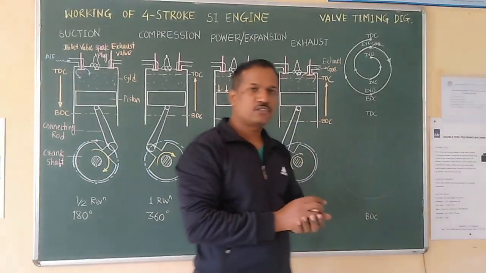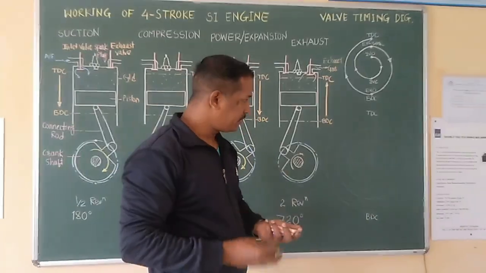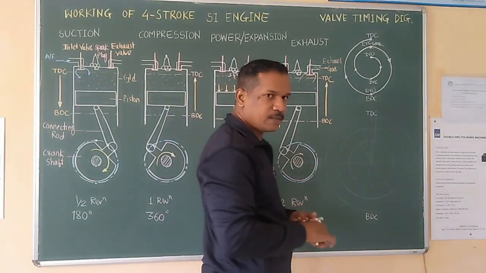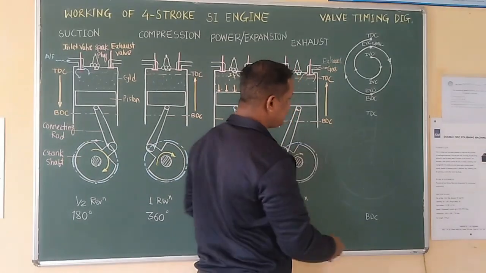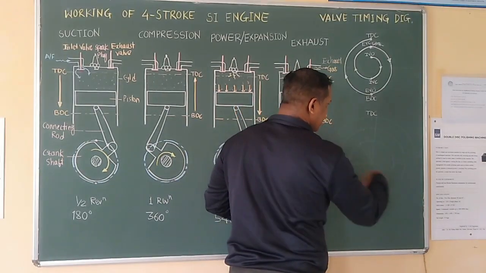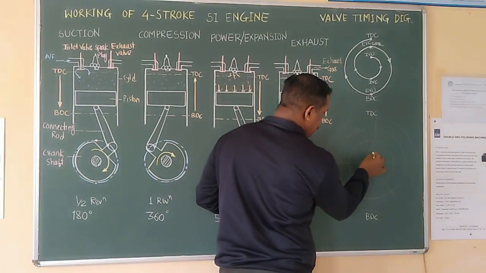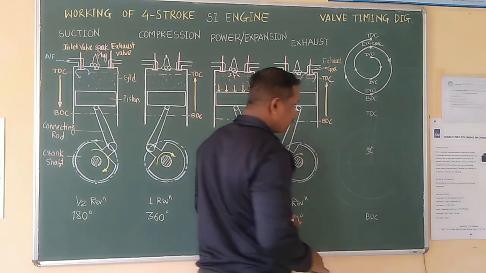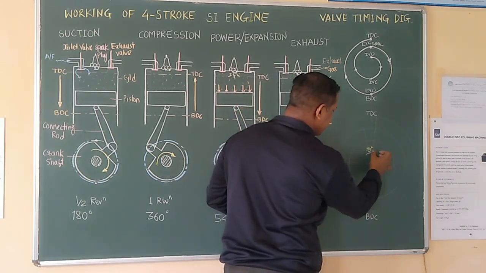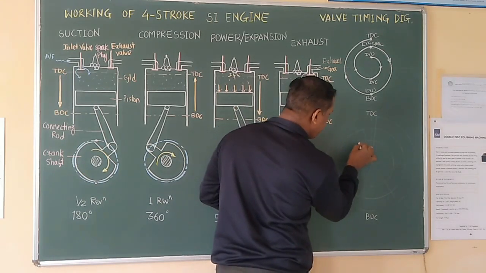So what is the actual valve timing diagram for a 4-stroke SI engine? In the actual valve timing diagram, we always open the inlet valve before TDC. So draw 3 circles. Top one is TDC, bottom is BDC, and here about 15 degree before TDC, the inlet valve opens.